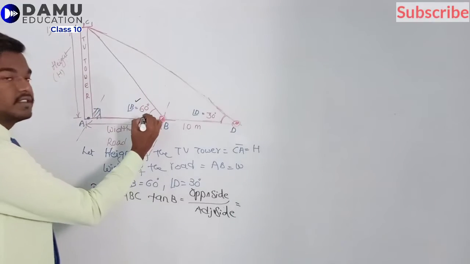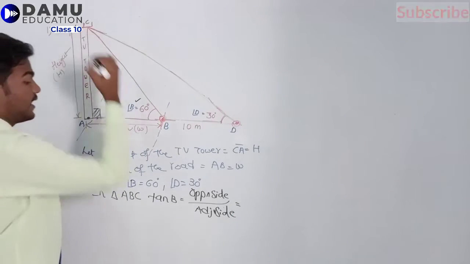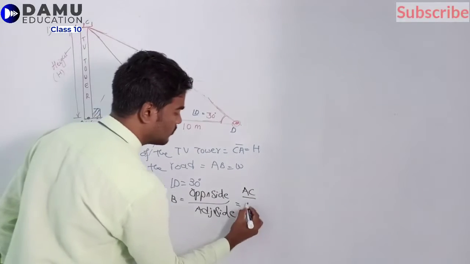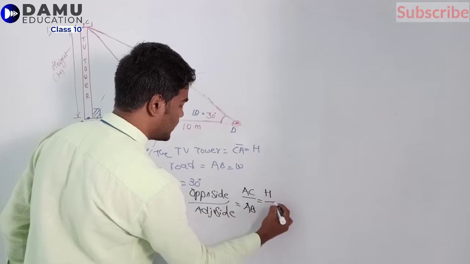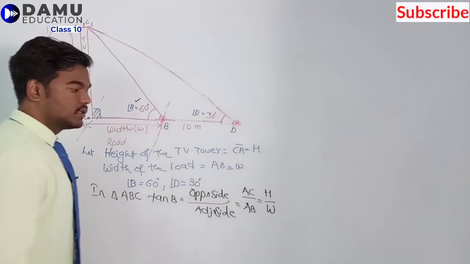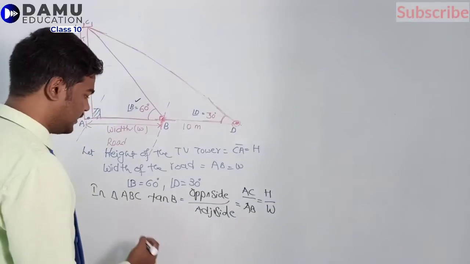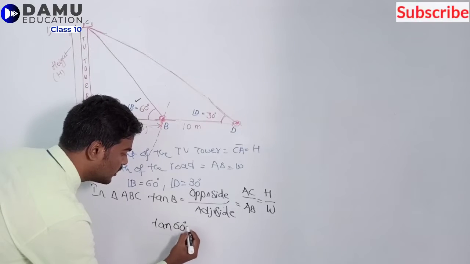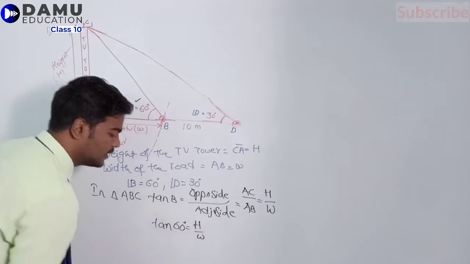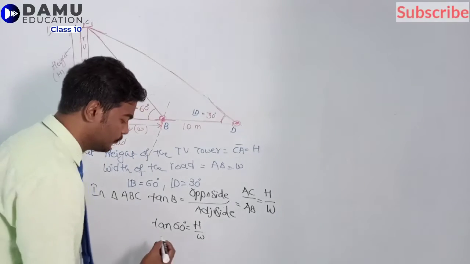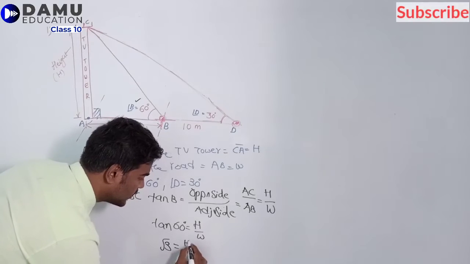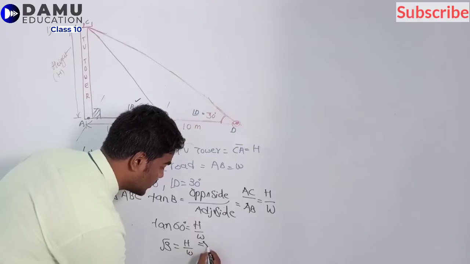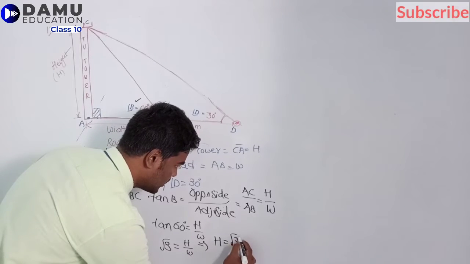For B, the opposite side is AC, that is the tower, which is H, and the adjacent side is AB, which is W. So tan 60 degrees will be equal to H by W. Tan 60 degrees is root 3, so root 3 is equal to H by W. So height will be equal to root 3 W.